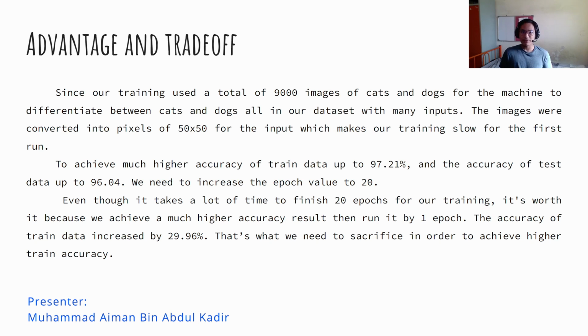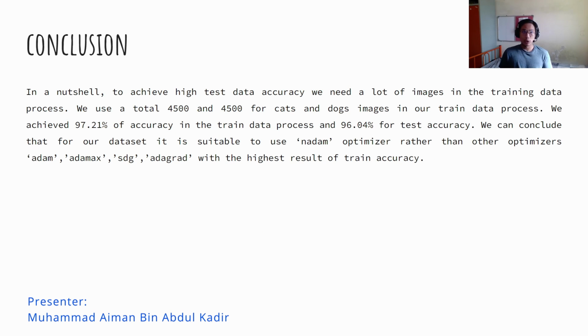The accuracy of the training data increased by 29.96%. That's what we need to sacrifice in order to achieve much higher training accuracy. In conclusion, to achieve high test data accuracy, we need a lot of images in the training data process. We use a total of 4,500 and 4,500 cat and dog images in our training data process.